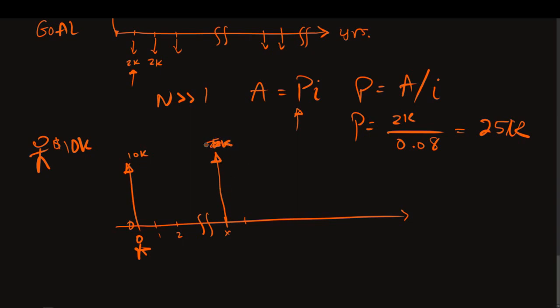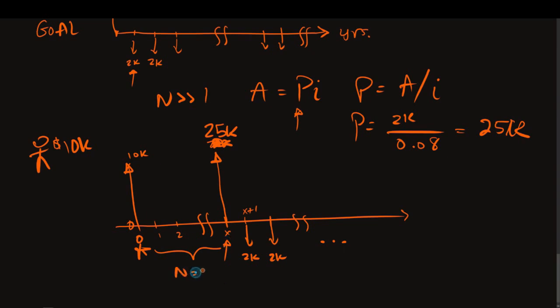So that's 25K. After that, in year X plus 1, I can donate my first 2K. And then the next year, I can donate another 2K. And then I can just keep on donating after that. So the question is this: when is X?